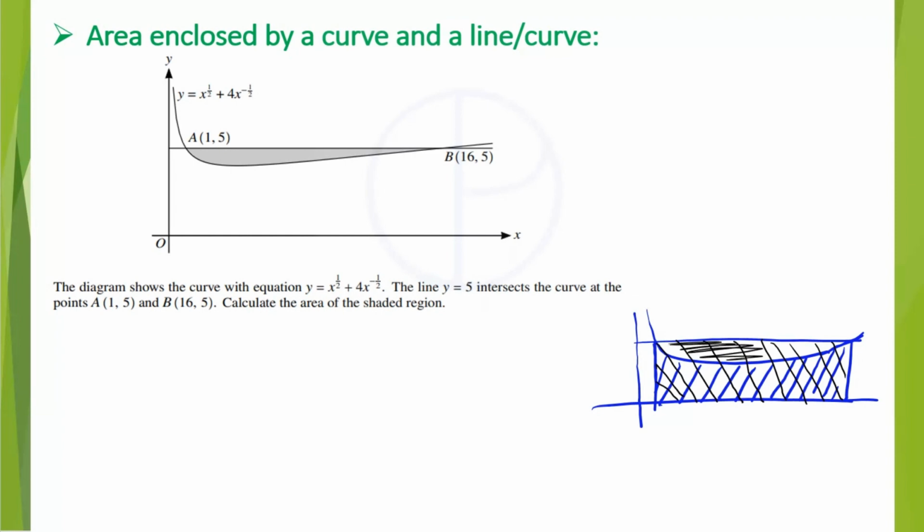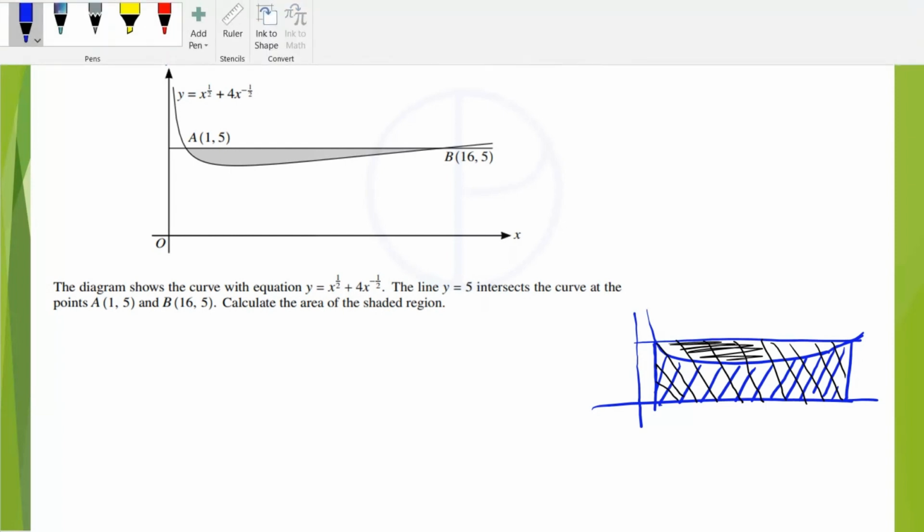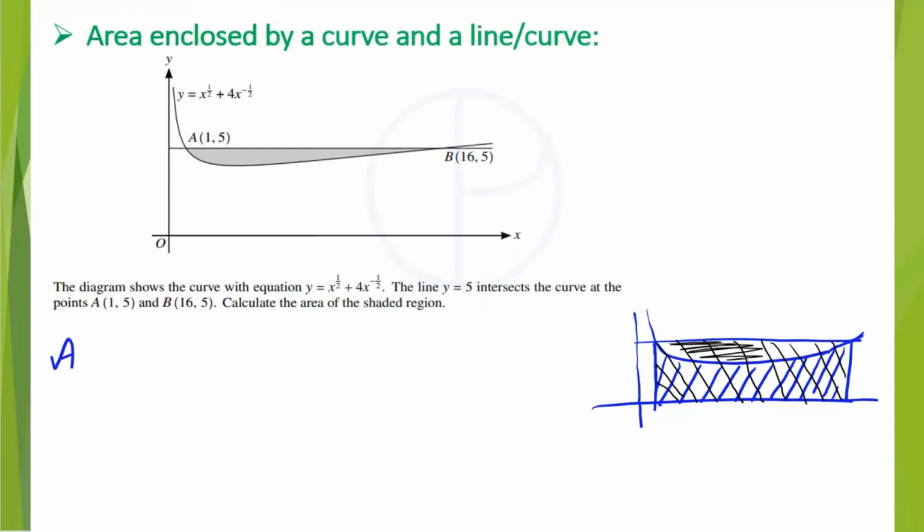Okay. So what we can do now is find the area enclosed by the line minus the area enclosed by the curve, so that you will get the shaded region. Okay. So the area is equal to area of the shaded region.